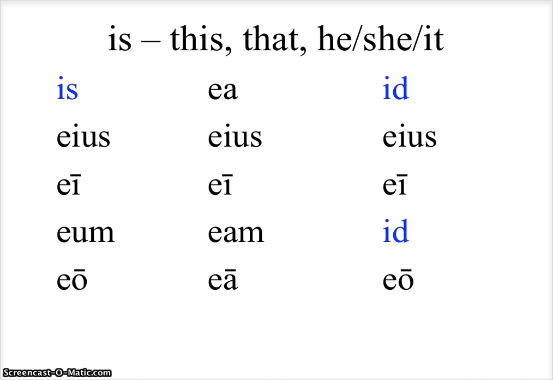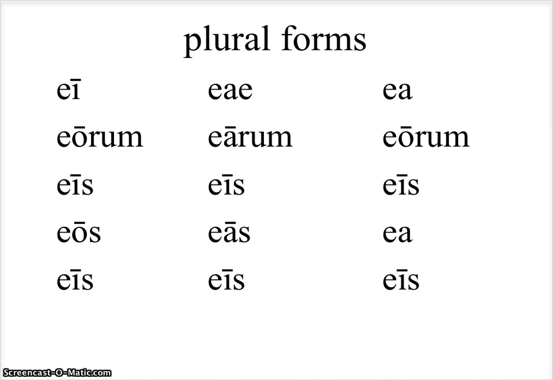And a few other strange forms, is and id. These you'll remember because you simply memorize is, ea, id, he, she, it. The plurals are completely regular. No surprises here, first and second declension endings.